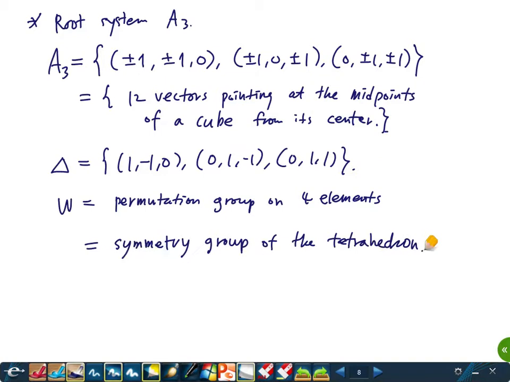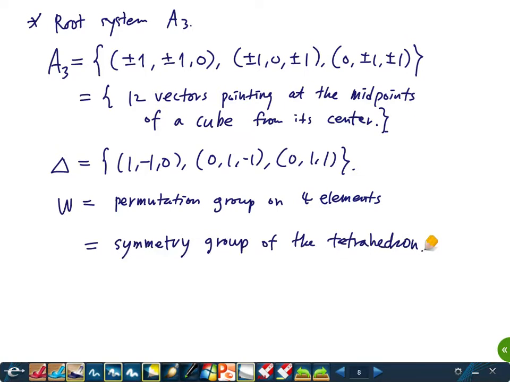And in fact, say for instance, we have this vertical vector. What is the Weyl group element s? Let's say this is alpha. The s alpha means reflect about this plane. Then you can see the tetrahedron stays the same, except we just reflect these two. So these 2 points stay as they are, but these points get sent to this, and this point gets sent to this.